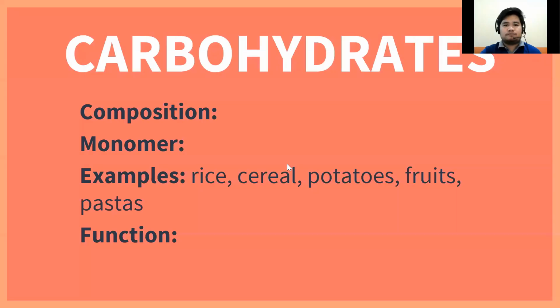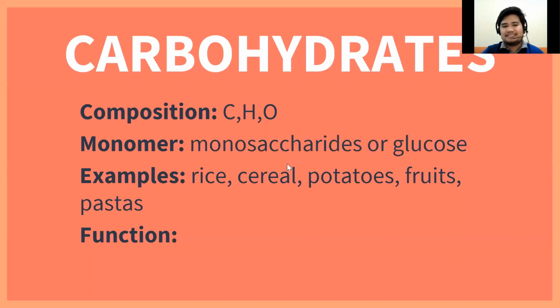Okay? So, quick check. What do you think is the elemental composition of carbohydrates? We have three, right? The carbon, hydrogen, and the oxygen. How about its monomer? Monosaccharides or glucose.